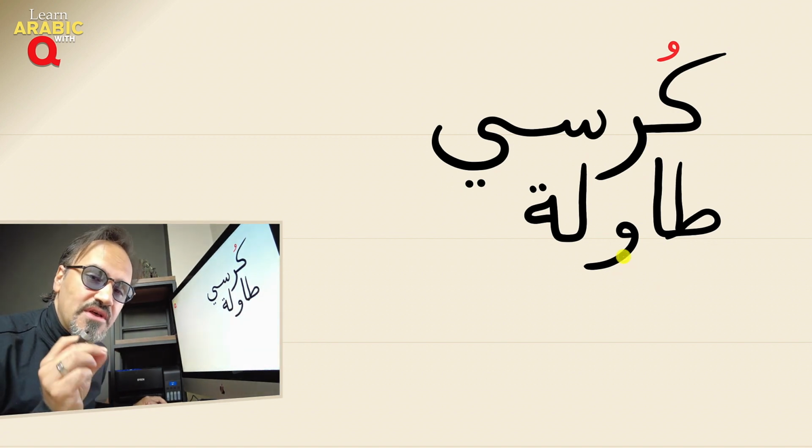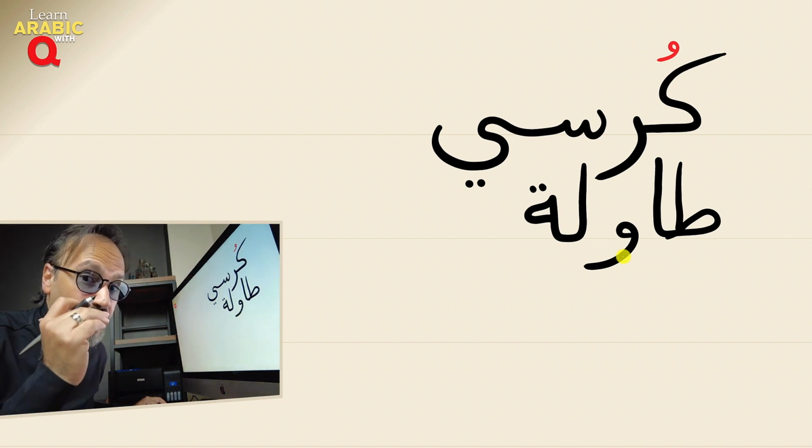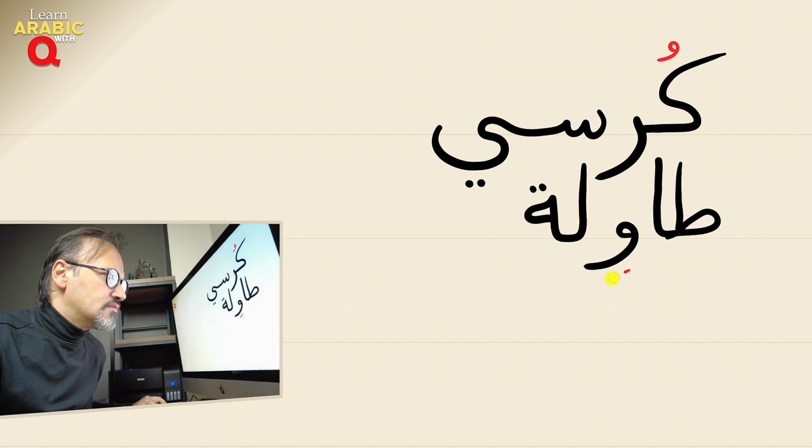Now, we have a kesra over here. Ta, notice the we. It's not we, it's we. It's a little e. Okay? You know, when as kids we were learning Arabic, I think the biggest challenge for us, and for anyone who's learning Arabic, is to recognize when you have a long sound and a short sound.